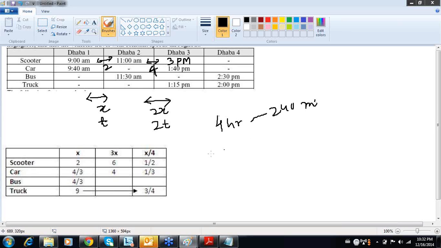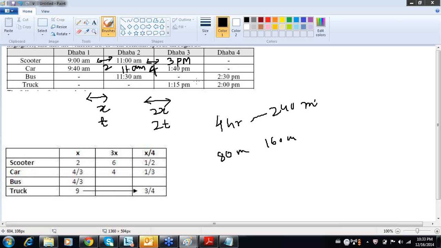So the ratio of timing will be 80 minutes and 160 minutes. So at dhaba 2, at what time will it reach? 9:40 plus 80 minutes means 11 a.m. So the car will reach dhaba 2 at 11 a.m., and it will reach dhaba 3 at 1:40 p.m.